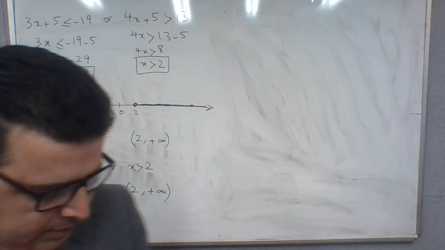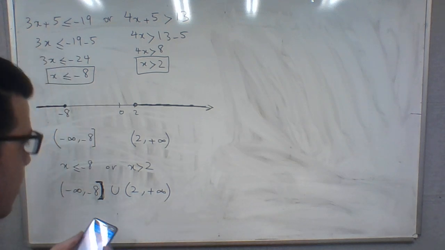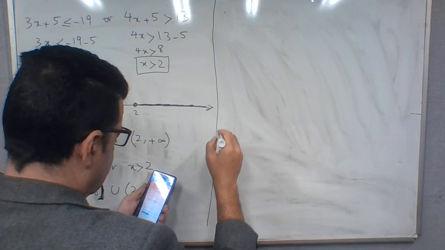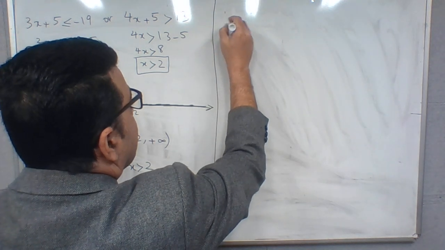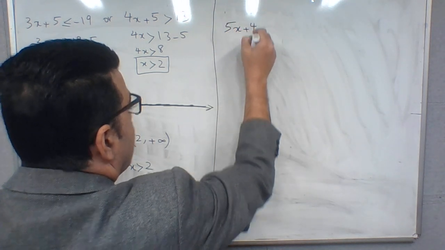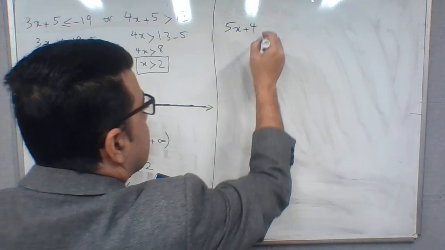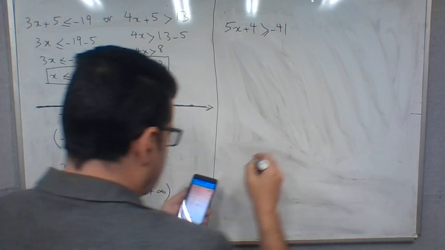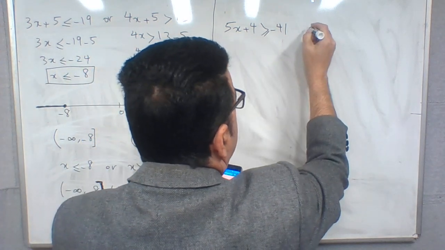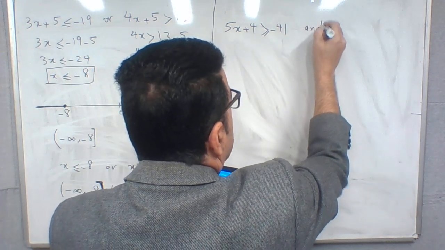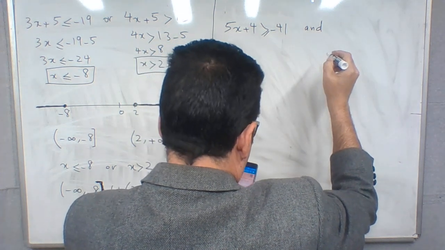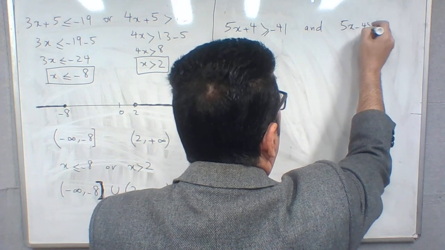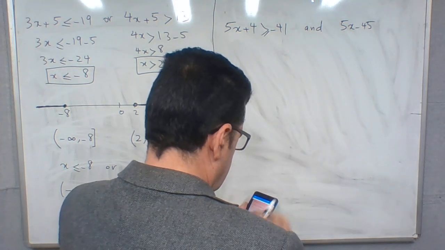Simplify the inequality. 5x plus 4 greater than or equal to -41, and this is and. The other ones were or. This is and. 5x minus 45 less than 0.